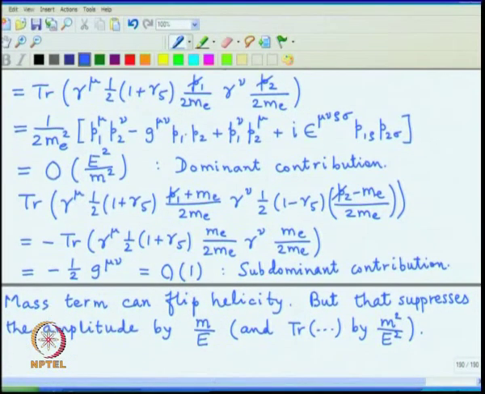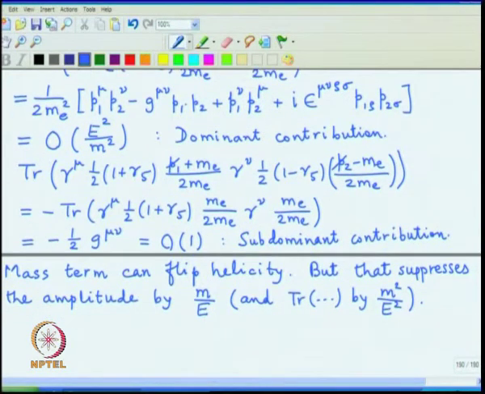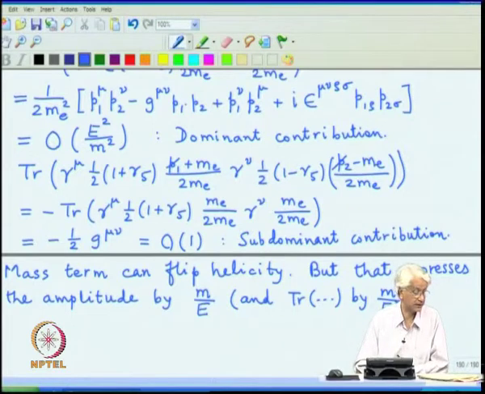So, that much for the selection rule, and to do the leading order calculation we will ignore the contributions which are suppressed by factors of mass.